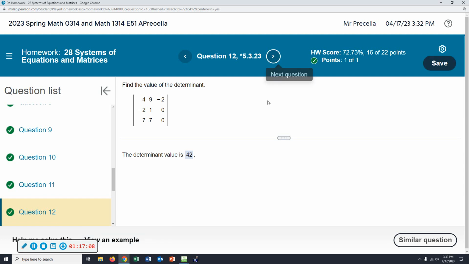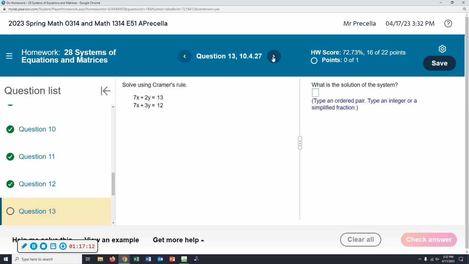Now, why are we talking about these determinants in relation to the system of equations? Well, we have another method for solving systems of equations, not just substitution and elimination.